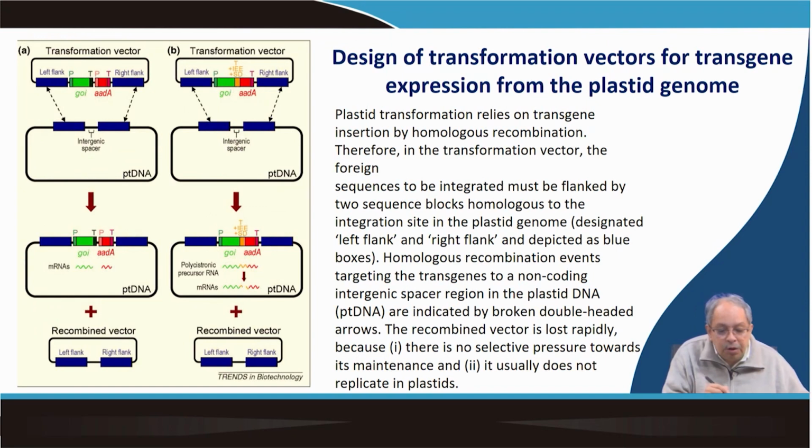This will be more clear here. What you see is the left flanking region, the right flanking region, and this is the plastid DNA, this is the vector. The gene of interest is here under the control of a promoter and terminator, and AADA is here, and then that is inserted, and eventually you will get the whole thing here.